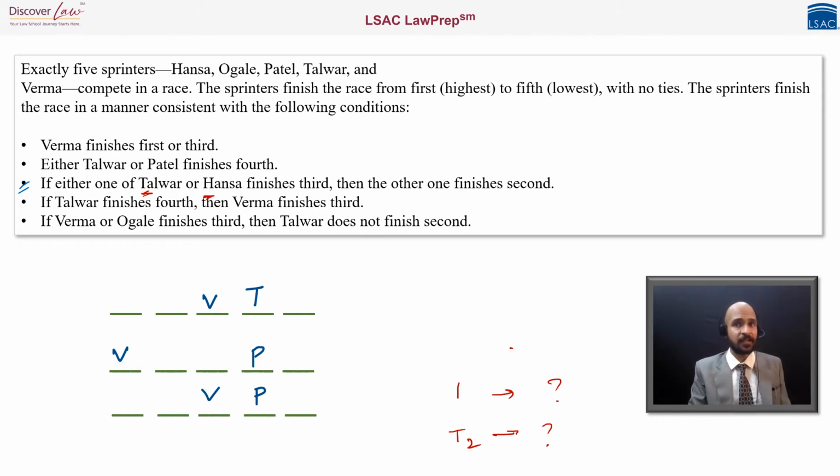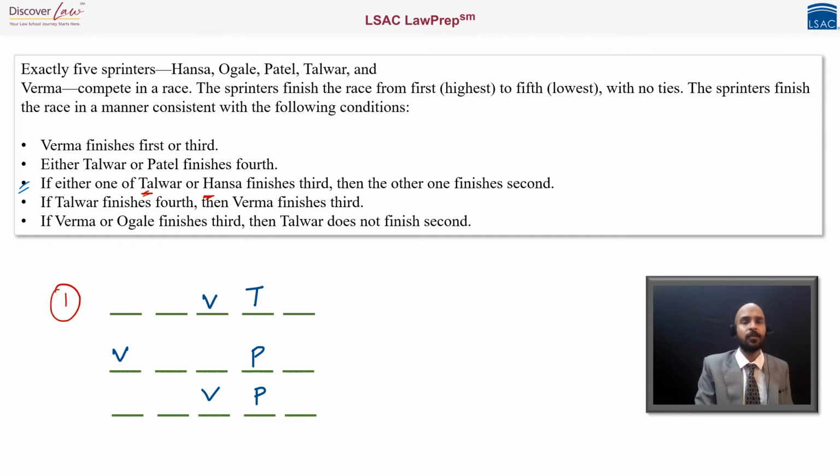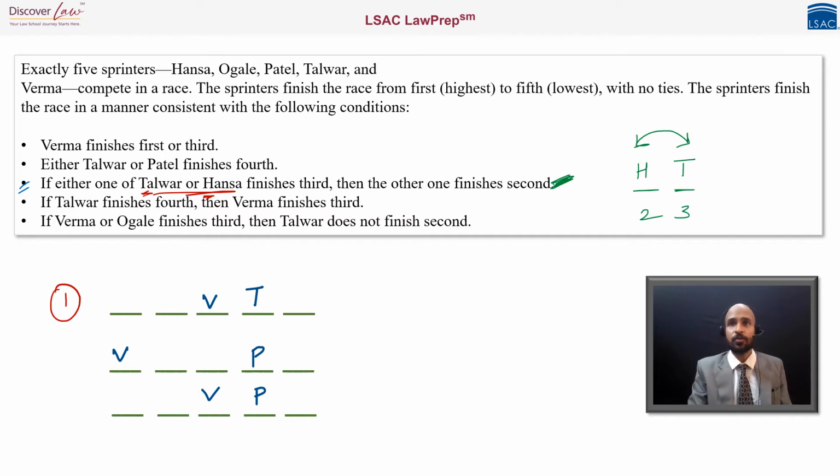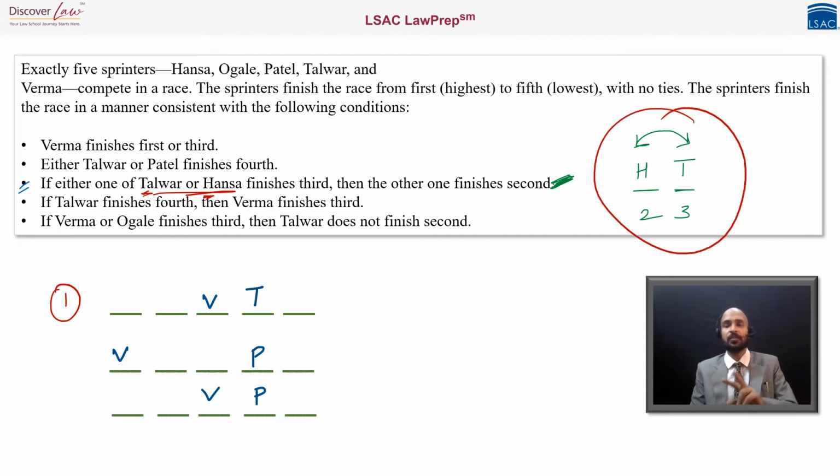The second thing is that you will find that these do not apply in certain cases. For example, if you look at case number 1, here, you see, if Talwar and Hansa happen to be in this third and second position, then it's going to look like this, with either Talwar or Hansa in the second and third position. Now, where do you think this is possible? Is it possible in the first case?